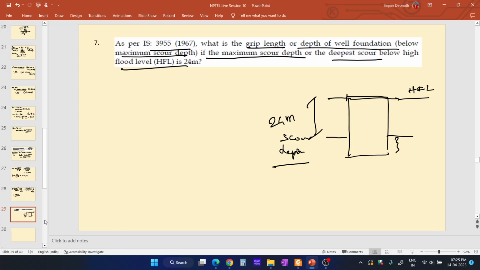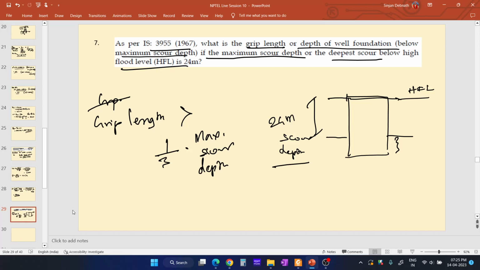According to IS code IS 3955, the grip length should be greater than one third of the maximum covered depth.